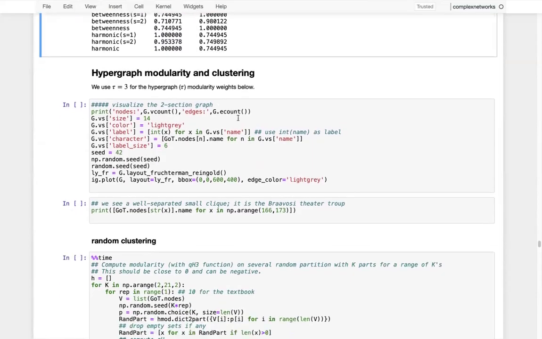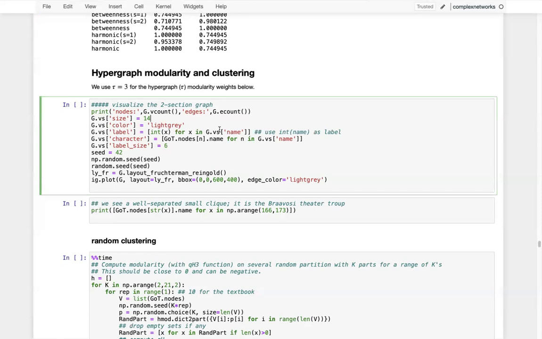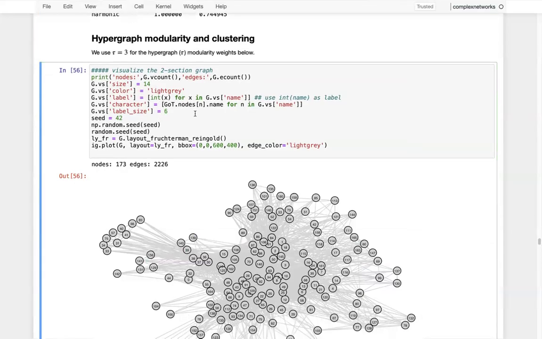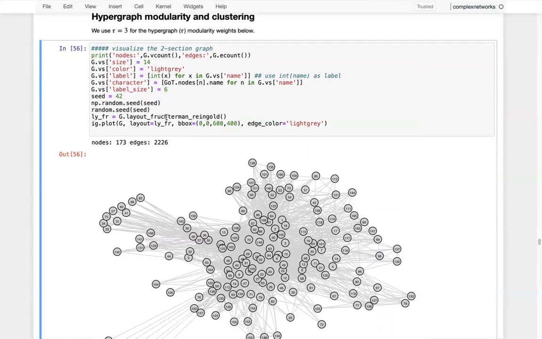Okay, so we're going to be doing clustering and computing hypergraph modularity. We're going to be using tau equal to 3 in our definition of modularity. Remember, this is the exponent that we use when we compute the edge contribution part of the modularity. First, let's visualize the two-section graph.